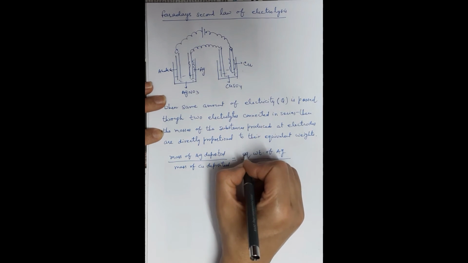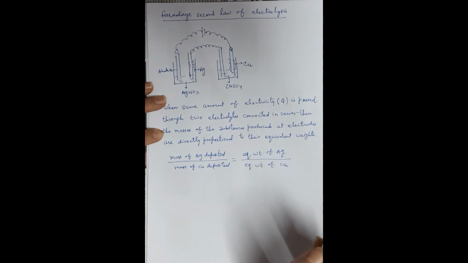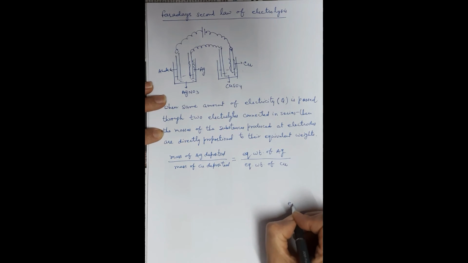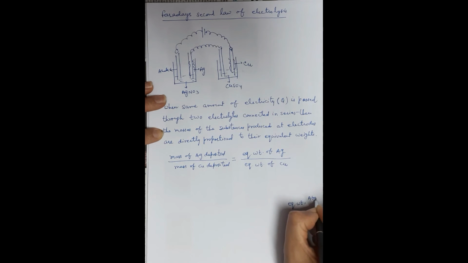Now what do we mean by equivalent weight? Equivalent weight is atomic mass upon the number of electrons lost or gained.